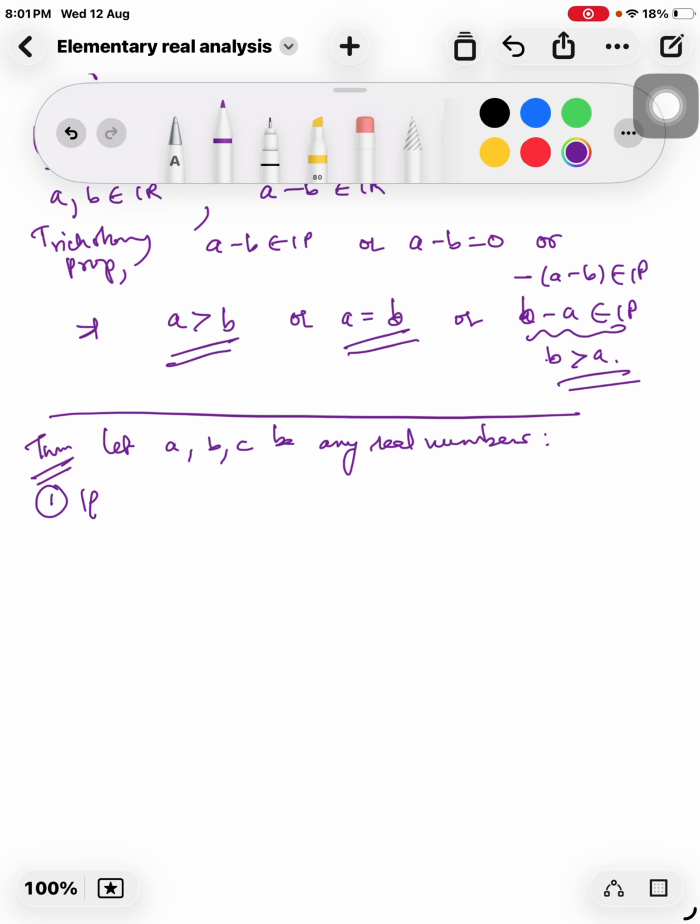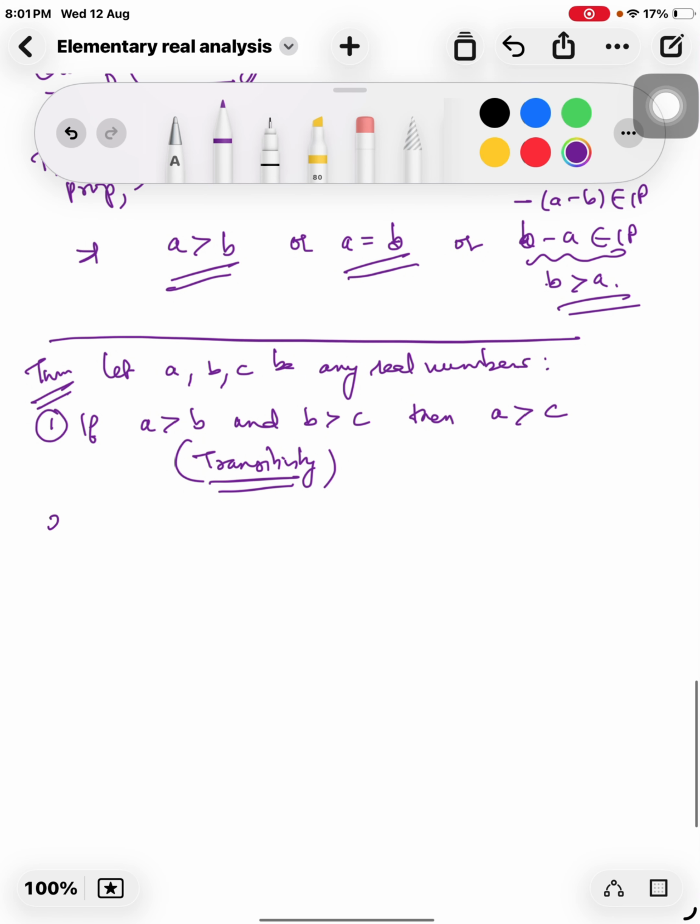First property is that if A is greater than B and B is greater than C, then what should be the relation between A and C? And we know A should be greater than C. This property is known as transitivity, right? And we will prove this property.